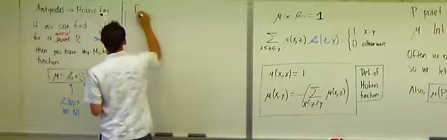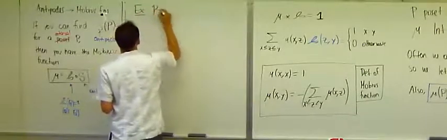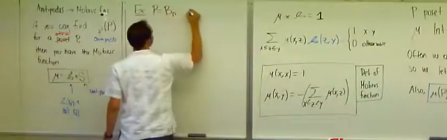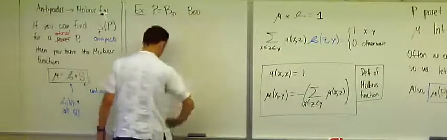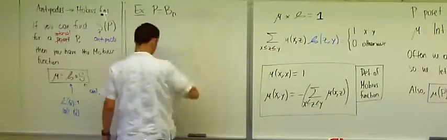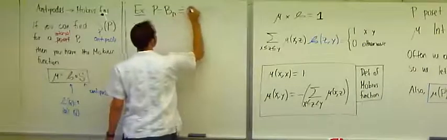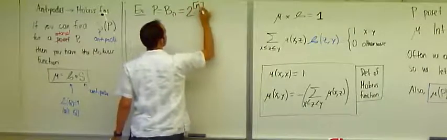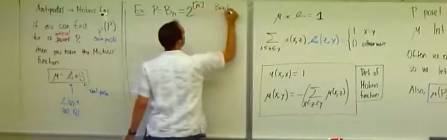So let's do the example where the poset is the Boolean poset Bn. Okay, so remember that these are just the subsets of a set of n elements. Boolean poset.